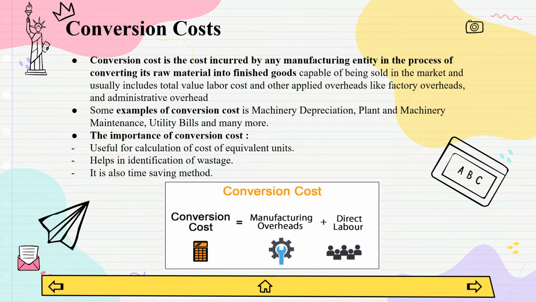Some examples of conversion costs are machinery depreciation, plant and machinery maintenance, utility bills, and many more.